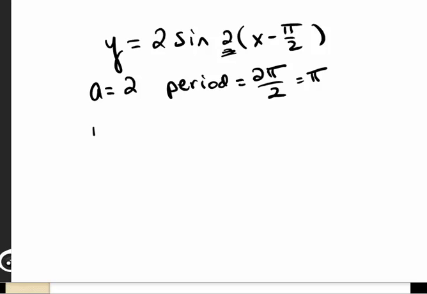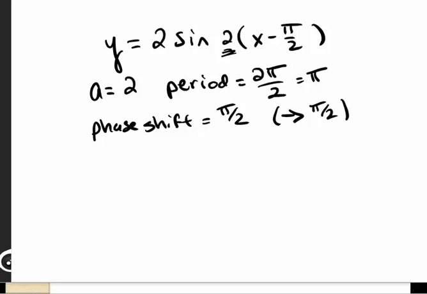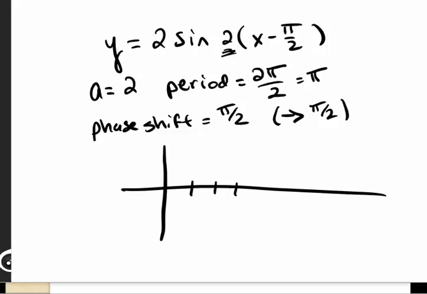And then we would say we have a phase shift equal to pi over 2. The graph has to move to the right by pi over 2. So I always try to figure out what would this look like before I do the phase shift. So the period's pi, that means pi over 2 is halfway. We need to move it by pi over 2. That's not going to be too hard to do.